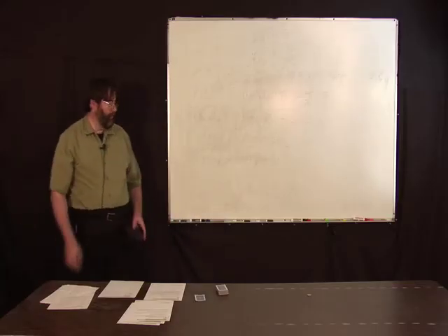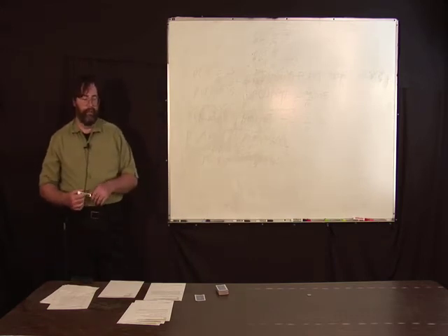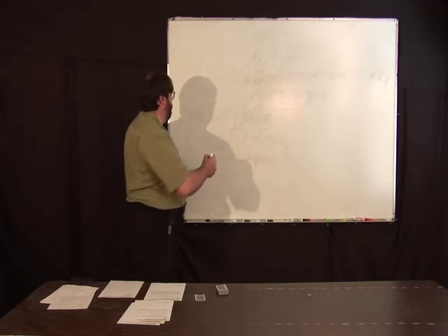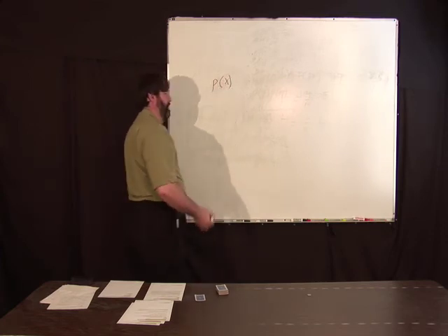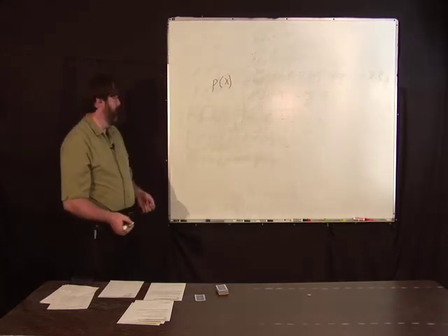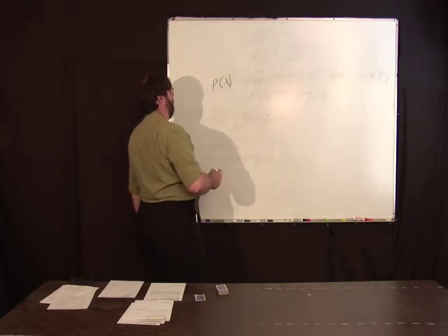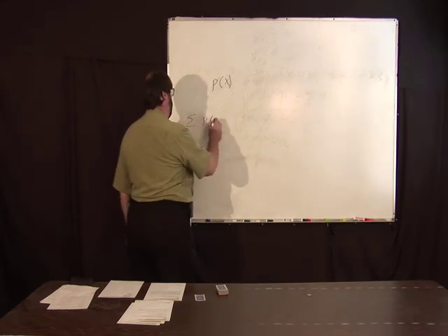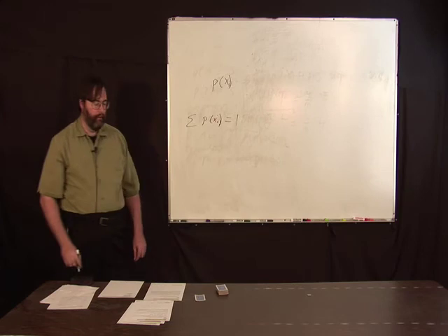The next concept I want to discuss is called expectation. When you're making a measurement of any type, you're going to have a probability of getting a certain value, let's say the probability of x_i. We know that the sum of the probabilities of getting some value must equal 1.